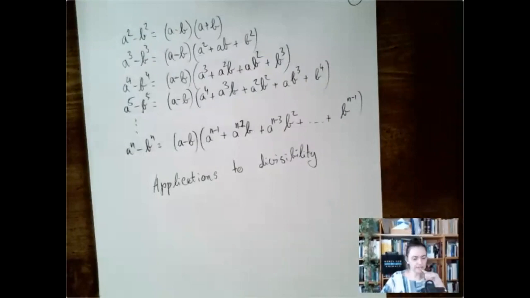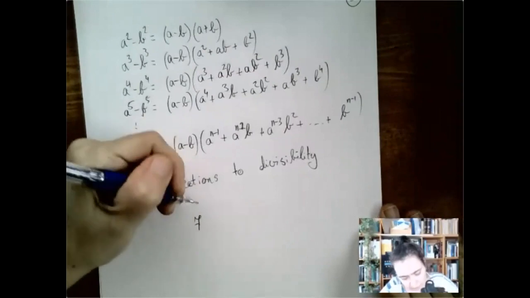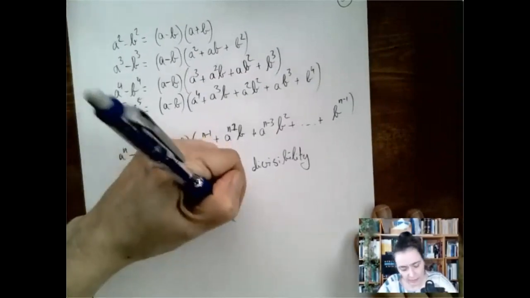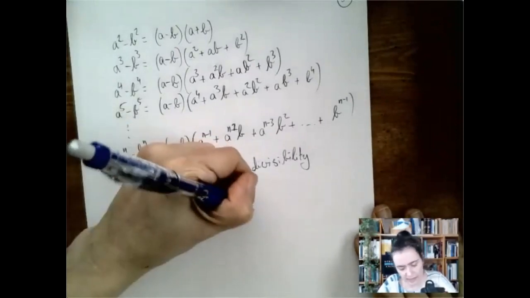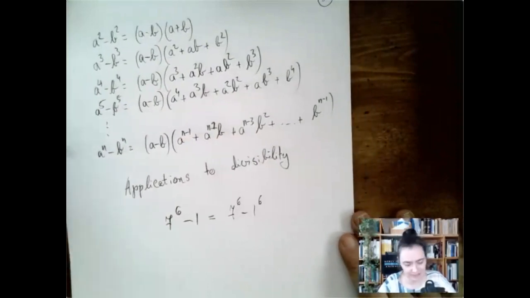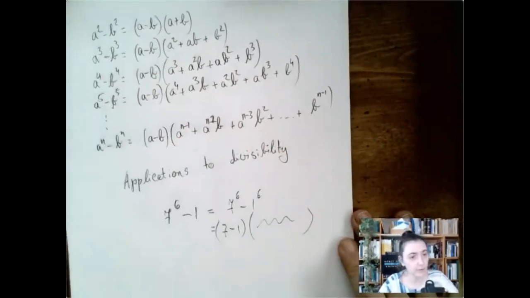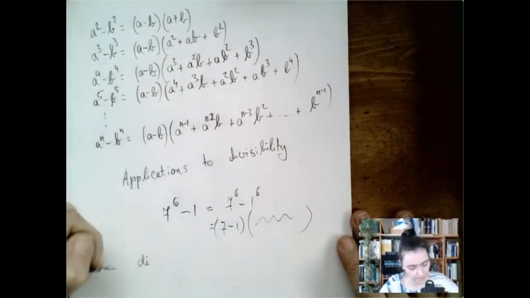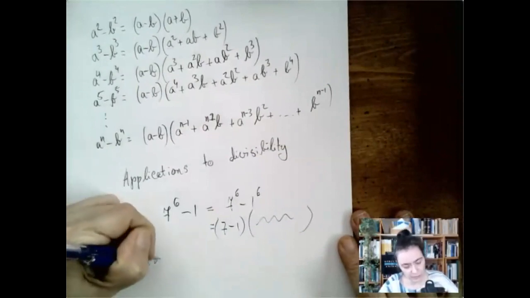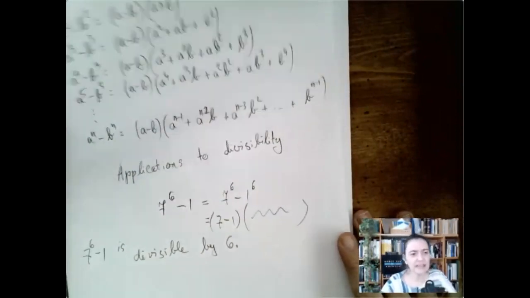Suppose we want to look at something ugly like 7 to the 6 minus 1. Now, if we think about 7 to the 6 minus 1 as 7 to the 6 minus 1 to the 6, because 1 is just very versatile that way, that's going to be 7 minus 1 times other stuff. So it's divisible by 6, right? So 7 to the 6 minus 1 is divisible by 6. Well, we can get that in other ways.